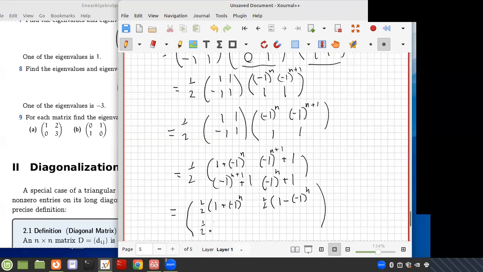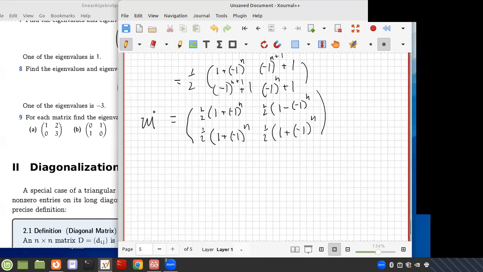Then this would be 1/2 times 1 plus (-1)^n. This will be 1/2 times 1 plus (-1)^n. So this should be A to the n.